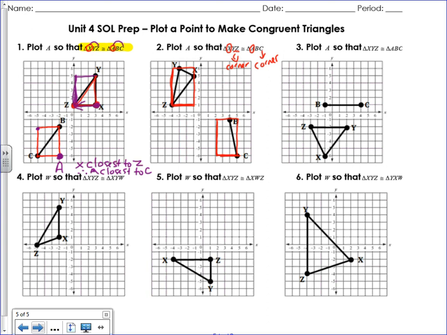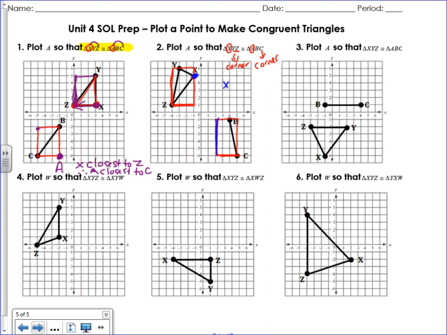Then I can look and I can say, okay, A and X relate. So here's X. X should be on the side opposite Z and Y. So I'm looking at this side somewhere. Okay.